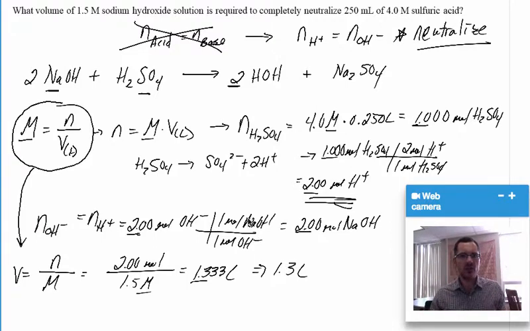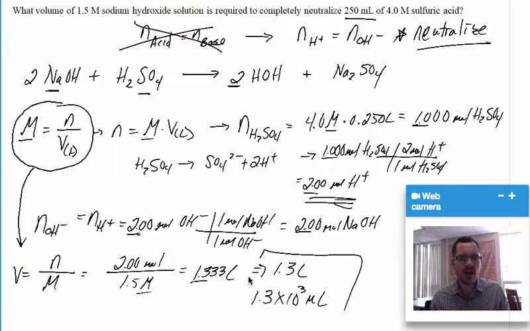However, this could also be reported in milliliters, because they did give us milliliters of sulfuric acid. So make sure you convert this to milliliters if need be, which will be 1.3 times 10 to the third milliliters. Either answer will work because you can easily convert those units.